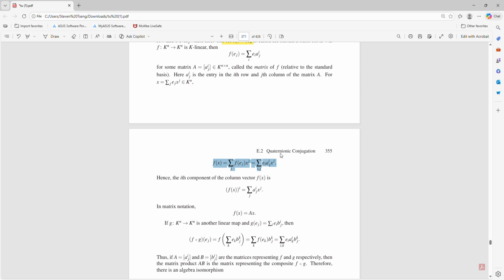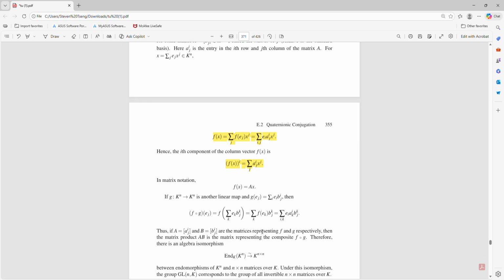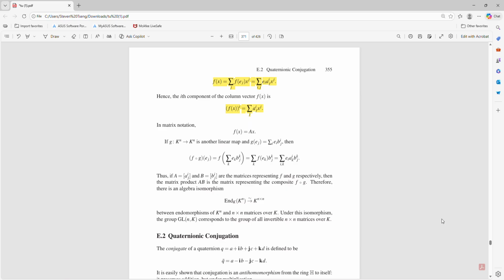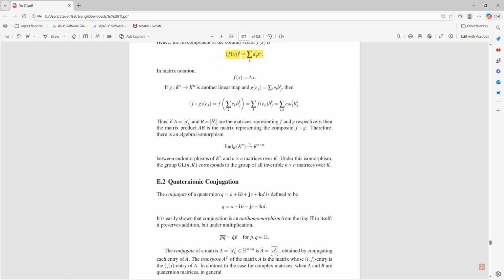The i-th component of F(x) equals this. In matrix notation, we can represent this property by this equation.